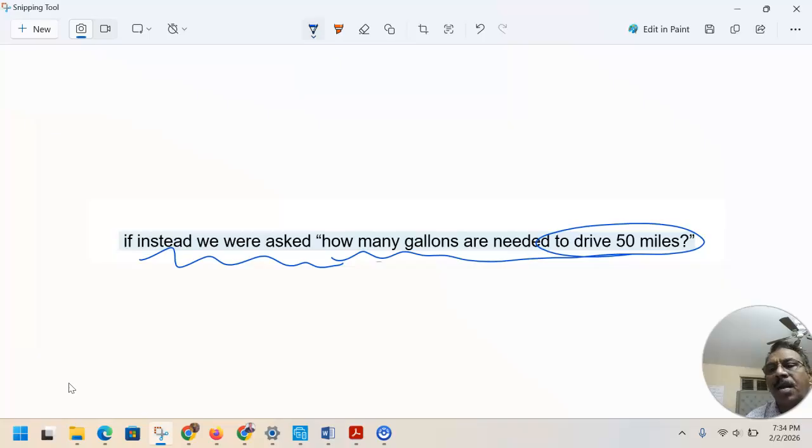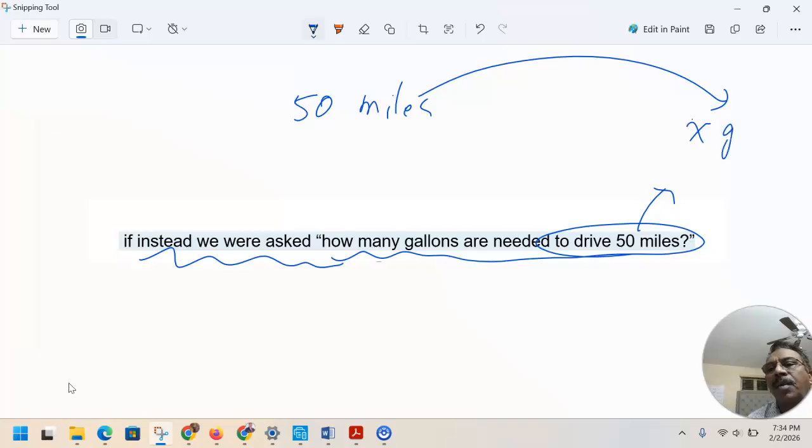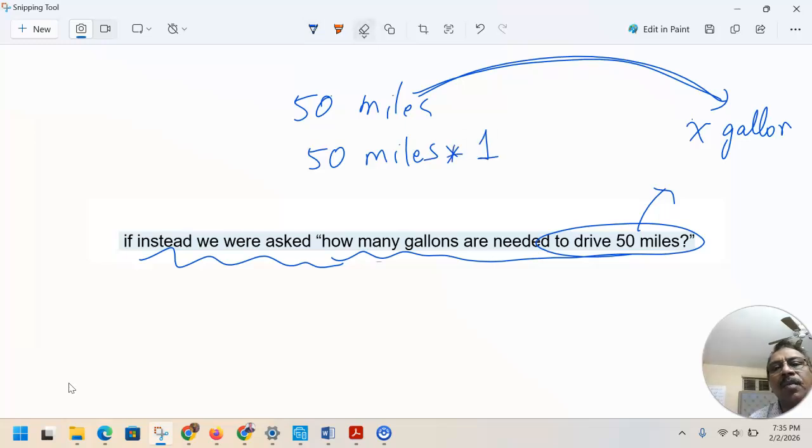Now, because the question is about 50 miles, how many gallons are needed here? So X number of gallons. We don't know. So you have to change from 50 miles to X gallons. So you begin with 50 miles and then multiply by 1, and that 1 you replace by the rate.